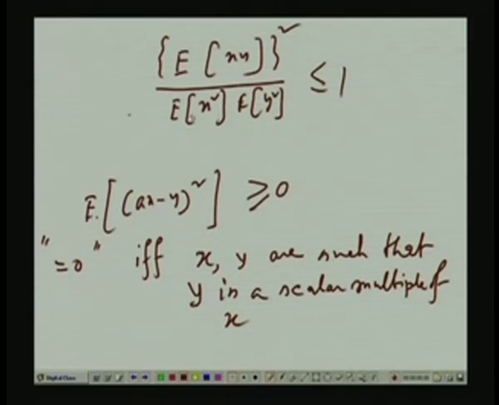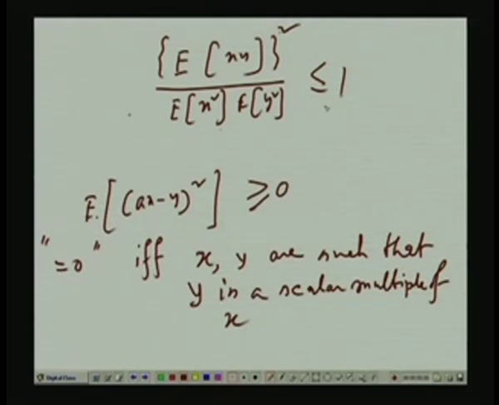So, a square E x square, and here a x whole square, a goes out, E x square, and a whole square. So, a square and a square cancel, and E of x square is doubled because of the square, so it cancels from numerator and denominator, so you get equal to 1. So, when this quantity is equal to 0, which means when y is a scalar multiple of x, then we have this ratio equal to 1.